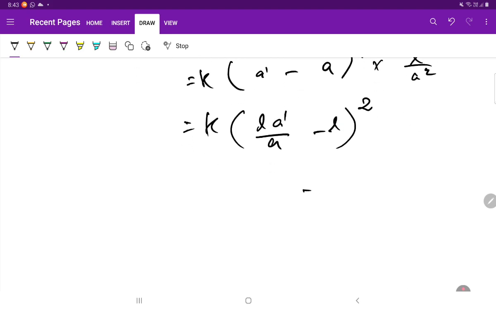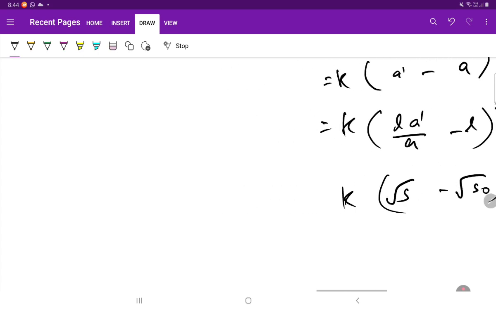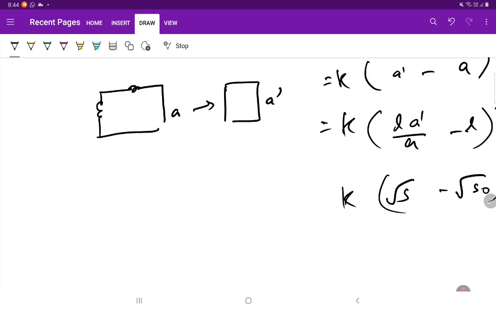Now L can be written as root S naught. Now what is L a dash by a? L a dash by a is nothing but root S. I am explaining why. Suppose this is my square and this is side length a. It changed to a dash. Okay, it has increased to a dash. So L will change proportionally, by L into a dash by a.